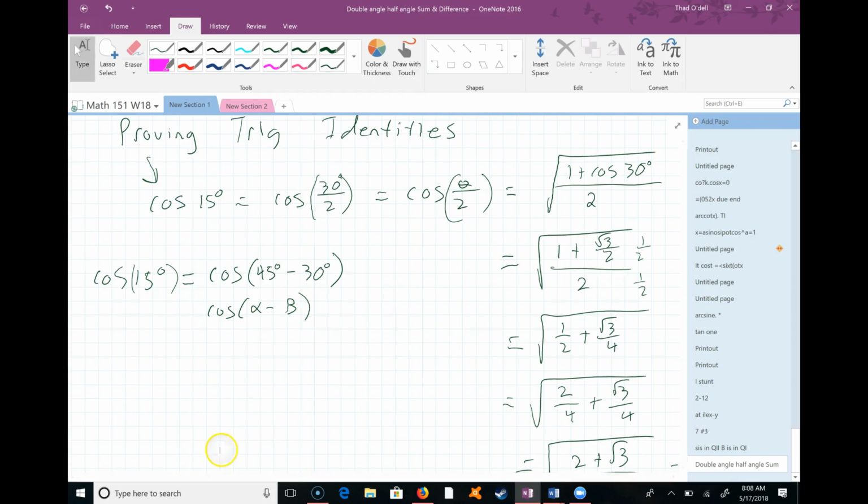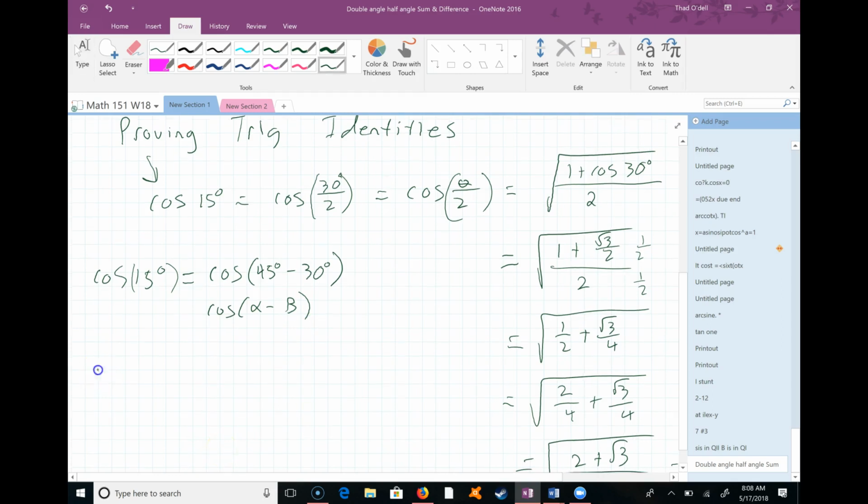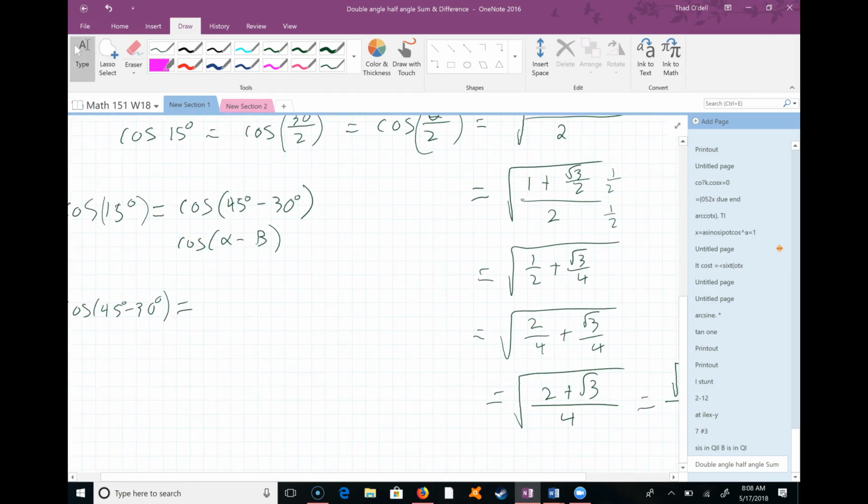So then another way to write this based on the formula is the cosine of 45 minus 30 degrees, that is equal to cosine of 45 times the cosine of 30 plus, I'm just looking at the formula now, sine of 45 and sine of 30.